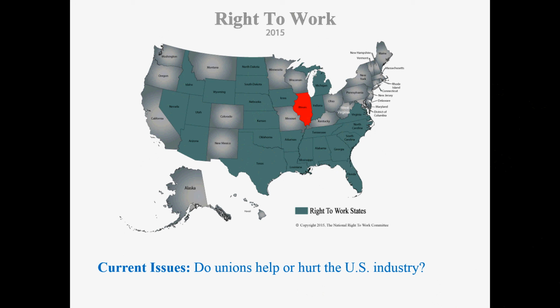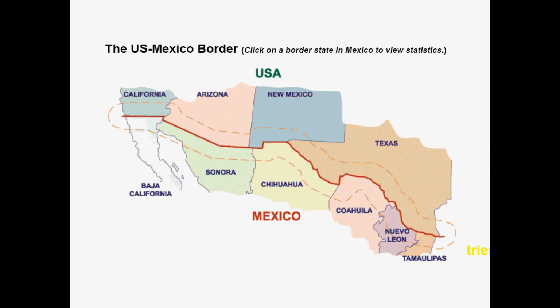Okay. Now, the current issue is: do unions help or hurt U.S. industry? This is one question that you can think about to prepare to answer and discuss on the next test.